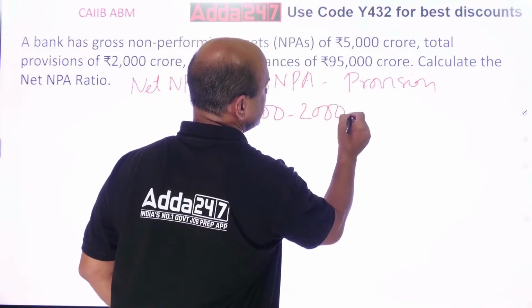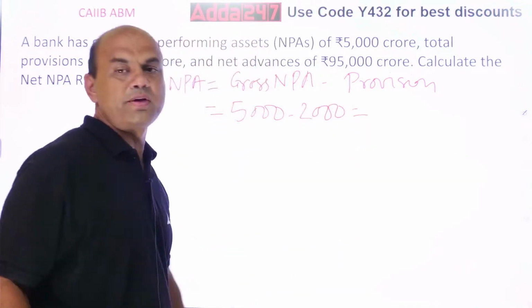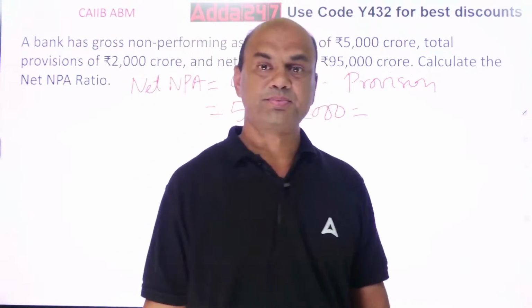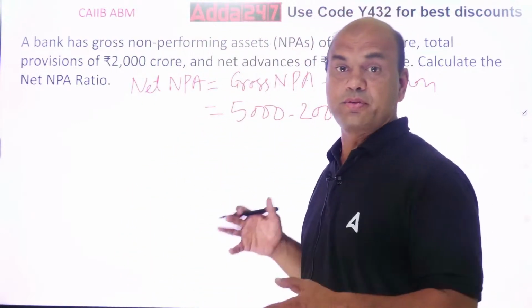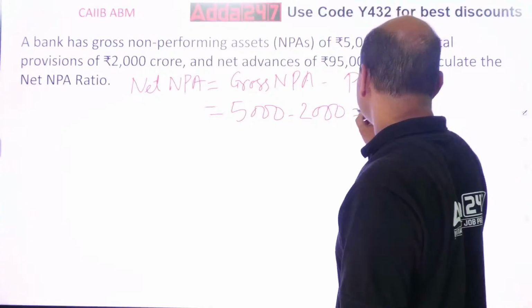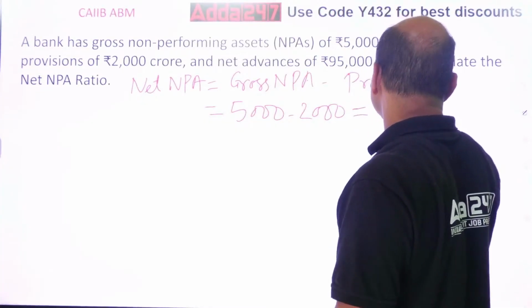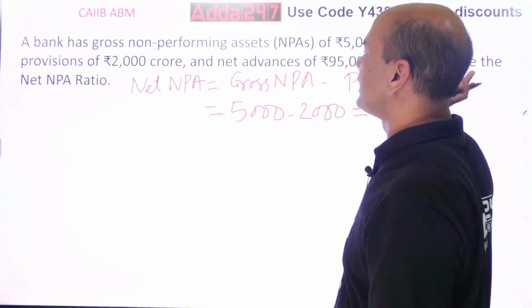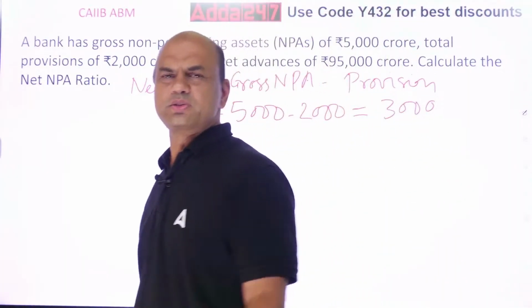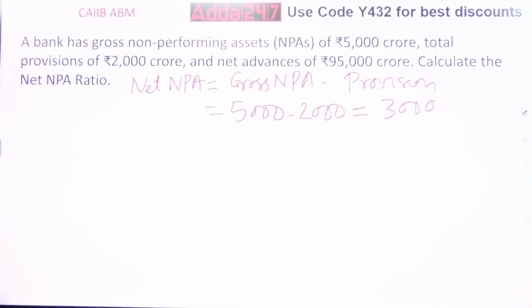Very important numericals. You will not find these in many of the books. That gives 3,000. Of course, I am not writing crores anywhere; basically it's crores only. Now I have got the net NPA.